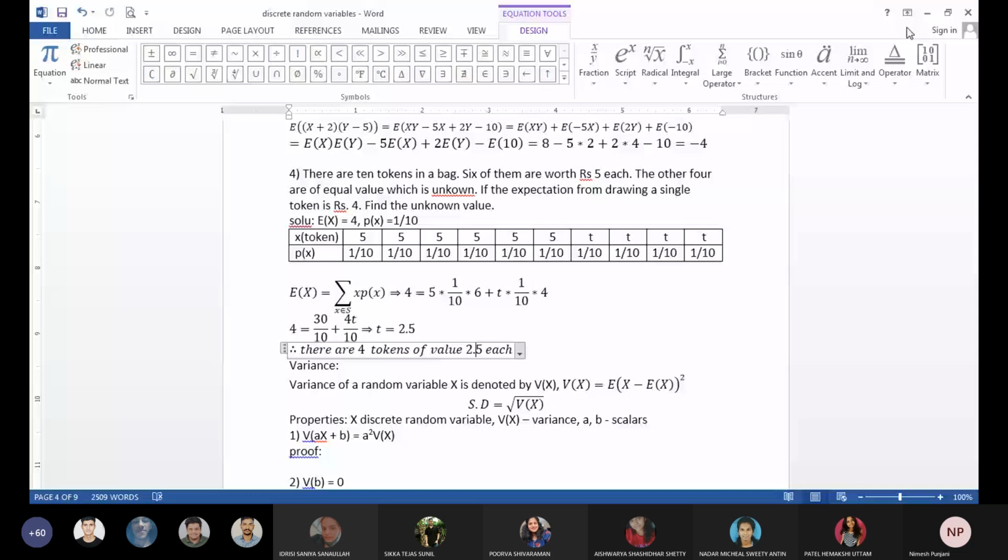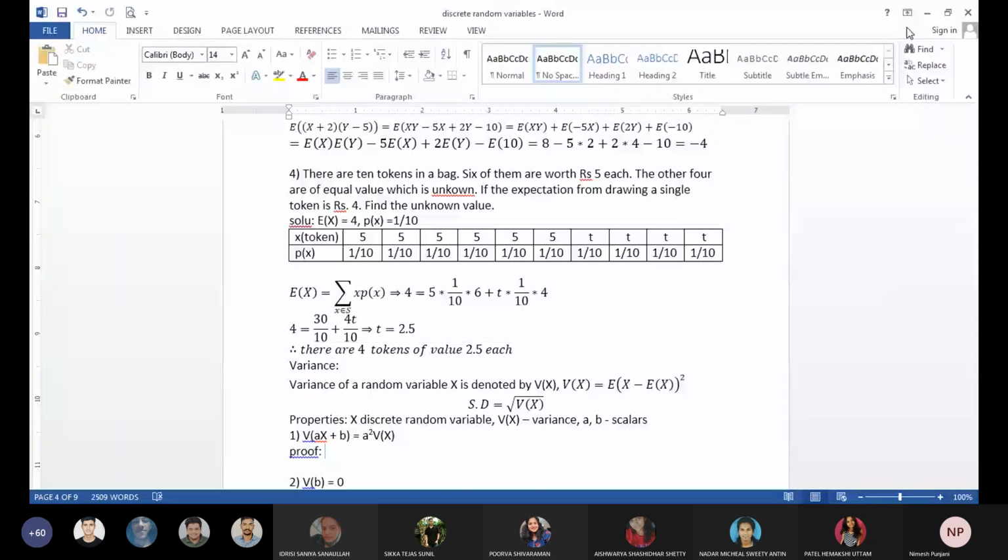Properties. X is a discrete random variable. V of x is the variance. A and B are scalars. The first property says variance of ax plus b is a square times variance of x.